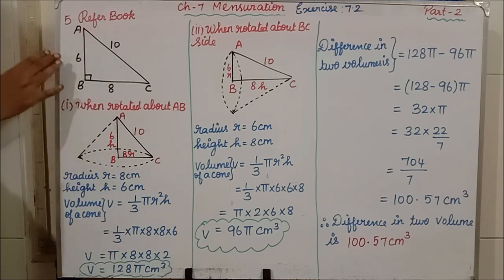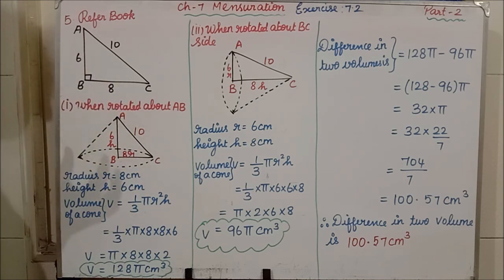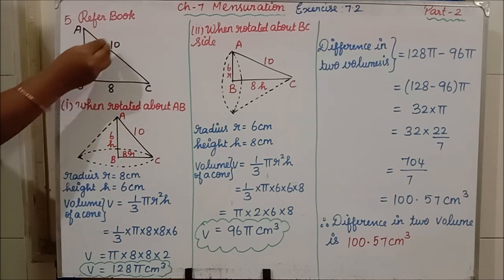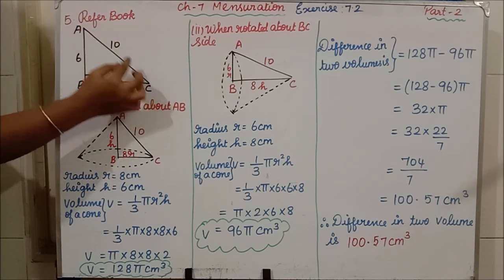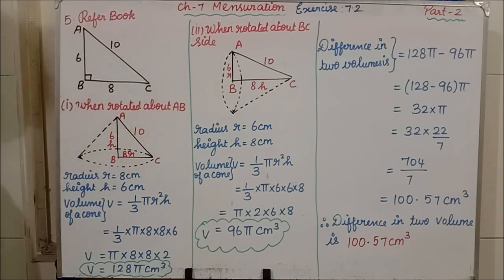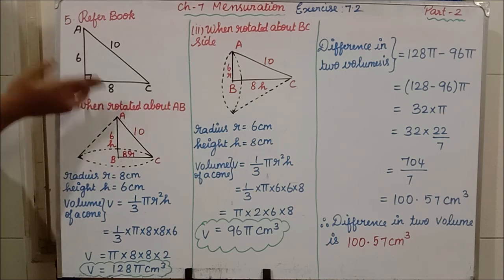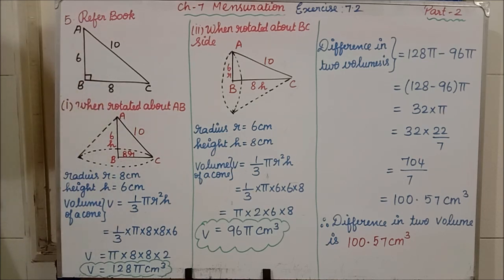But we know that in a right angle triangle the longest side is the hypotenuse, so that should have the big number. Among these three numbers, 10 is the biggest, so I have kept 10 for the hypotenuse side. Then the remaining two numbers are 6 and 8. Wherever you want you can write them. Clear now?